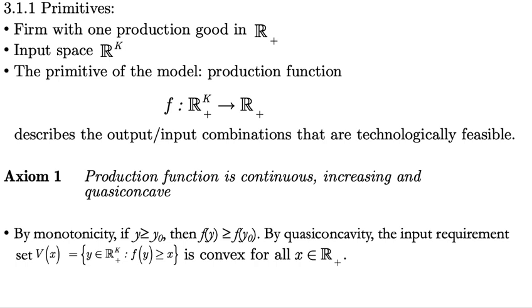I haven't mentioned how many types of input, but I told you that you want to produce one output or product or good. Because we just want to produce one type of product, the quantity of product here must be a positive real number, like one quantity, two quantity, three quantity. We don't see negative quantity of output.